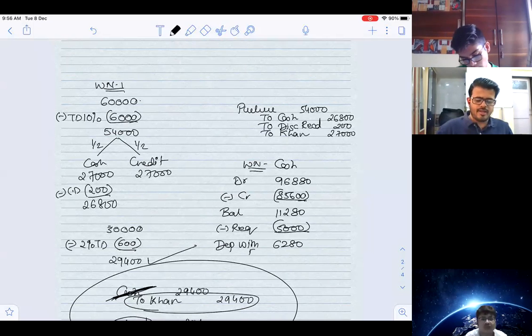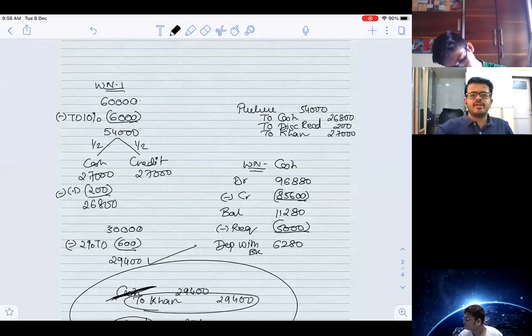Deposited with bank. Debit minus credit, you got 11,280. 11,280 में से 5,000 गया आपका required. 6,280 will be deposited with the bank.